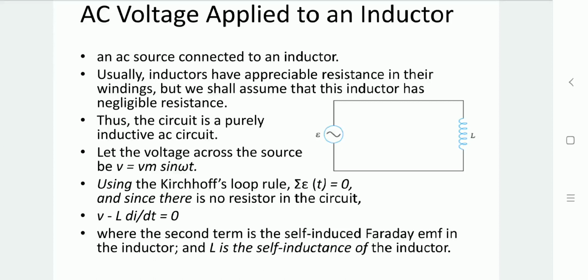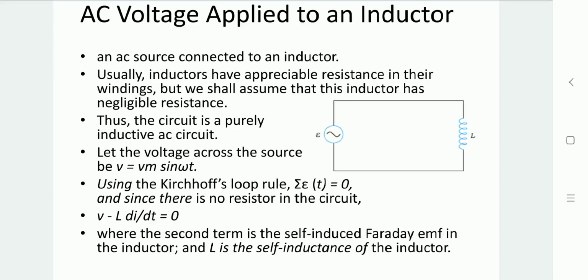To determine the current, apply KVL, Kirchhoff's voltage rule. So that is V minus VL equals 0. V is the supply voltage, Vm sin omega t, and VL is the voltage drop across the inductor, that is L di by dt, which we have already done in the earlier chapter during the self-inductance analysis.